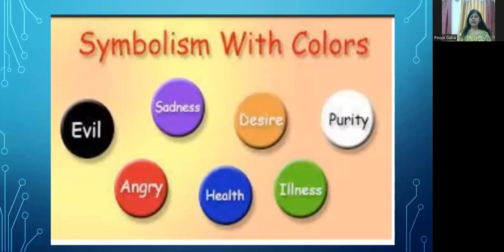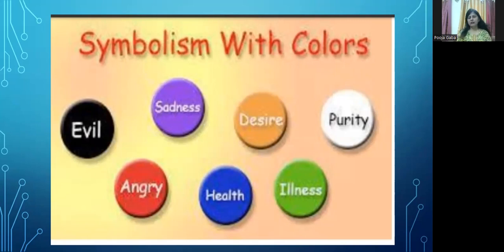Now, here you can see there are certain colors which have a symbolism for something else. Like black color is normally associated with evil. So we can say the black color is a symbol of evil. Normally, we have used this emoji of red color to show the anger. So we can say the red color is symbolizing anger.